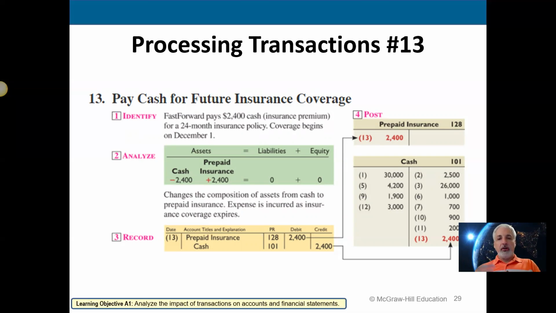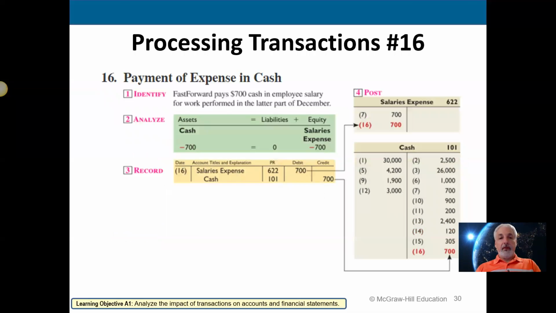So I use up the insurance every month as we go, and at the end of 12 months, I use up all $2,400. It's $200 a month until it's done, or maybe I cancel the policy and I'm eligible for a refund on it.